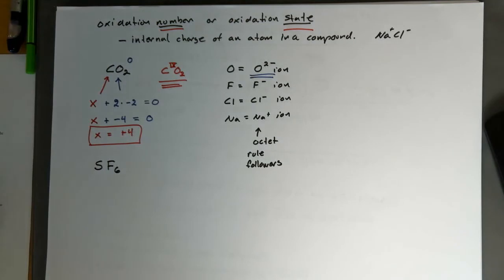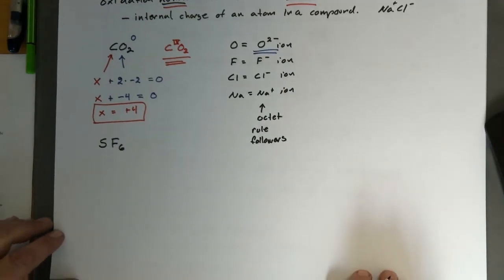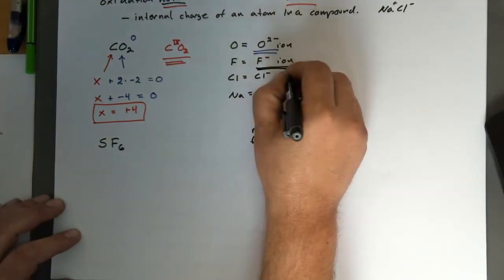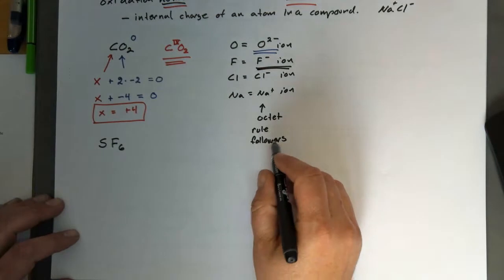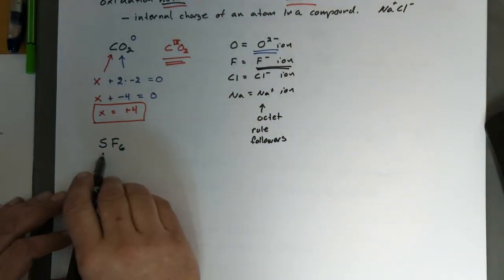this compound of fluorine and sulfur, or sulfur and fluorine. We notice that fluorine is also an octet rule follower, but we don't know what sulfur is.